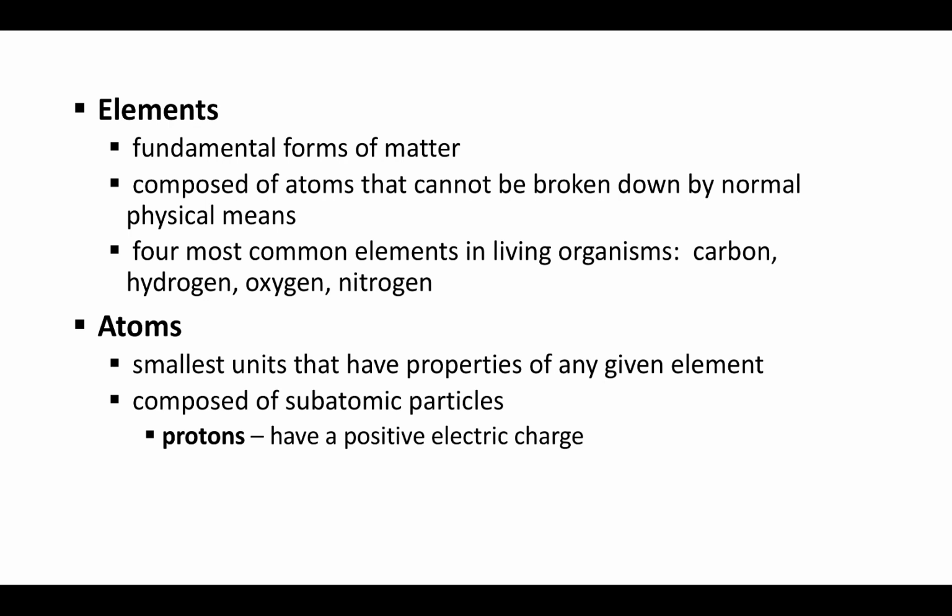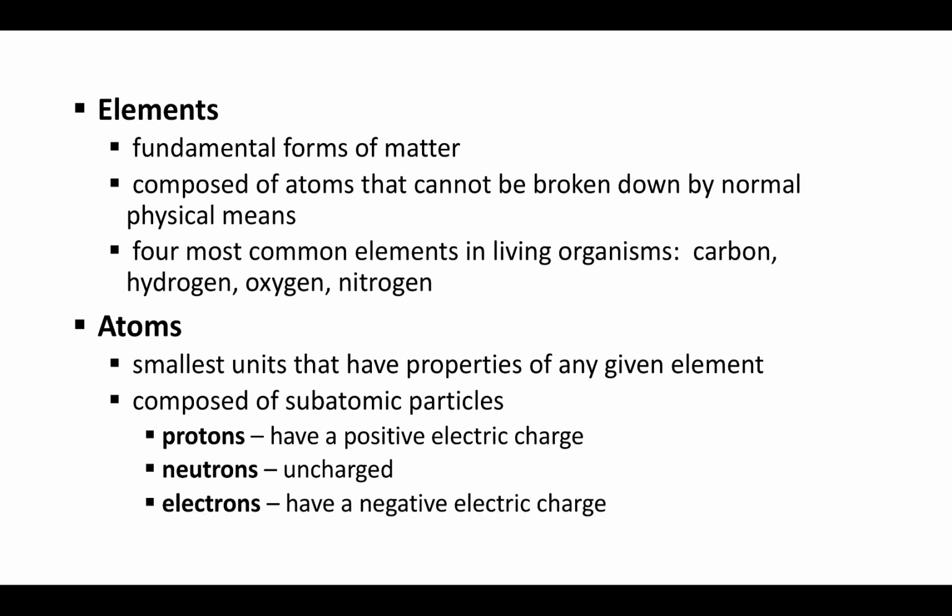They have a positive electrical charge. And the way that you can remember the charge on protons, P positive, protons have a positive charge. You can also write a little plus sign here next to protons. Then your neutrons are uncharged or neutral. So you can write a little 0 next to the neutrons here.